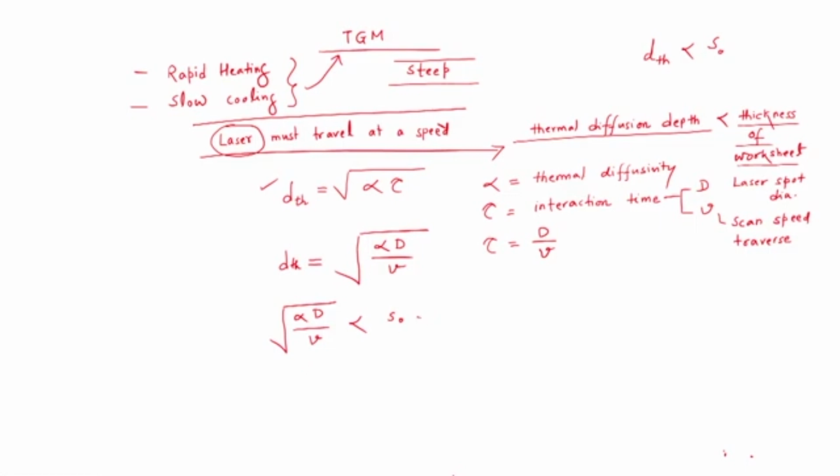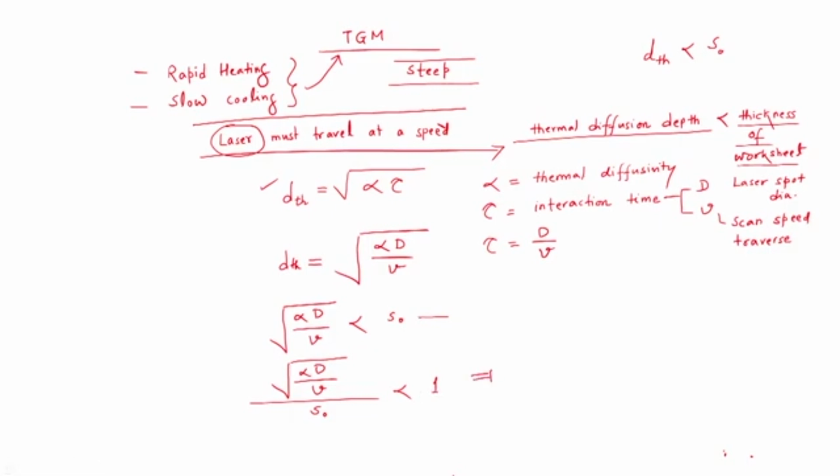I can rewrite this equation in this format: root of alpha d divided by v, divided by S0, the thickness of the sheet, less than 1.